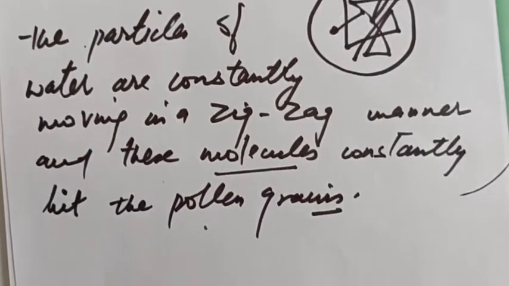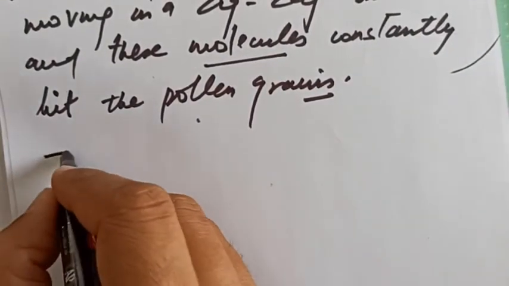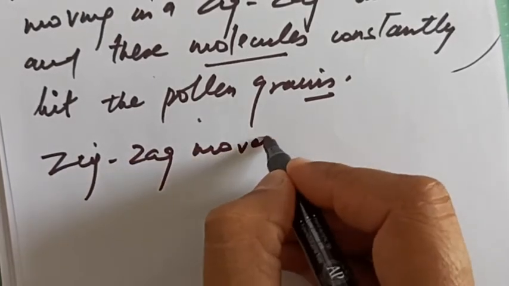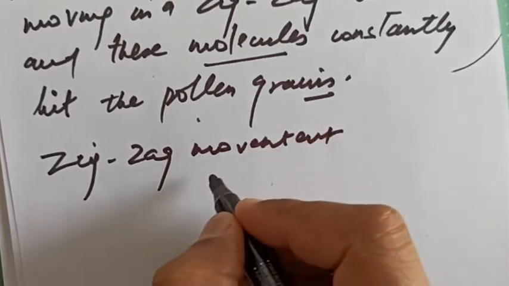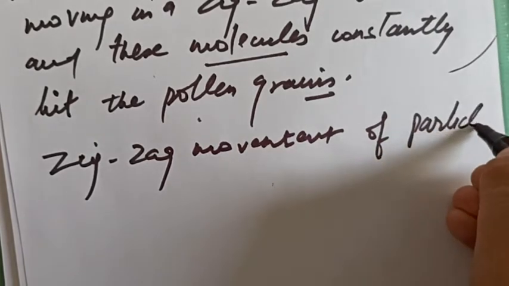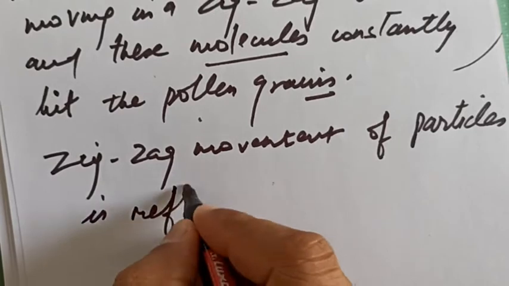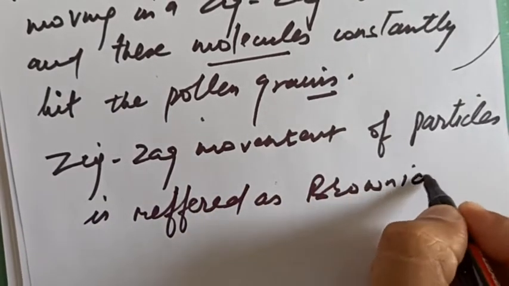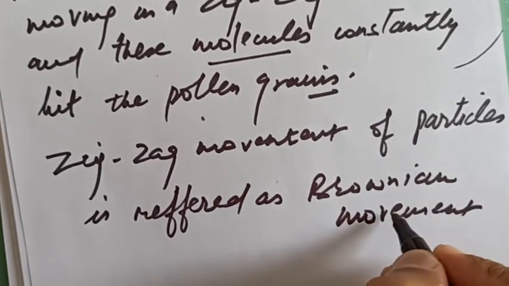Okay, and one thing more, this zigzag motion of pollen grains, the zigzag movement of particles is referred to as Brownian movement.